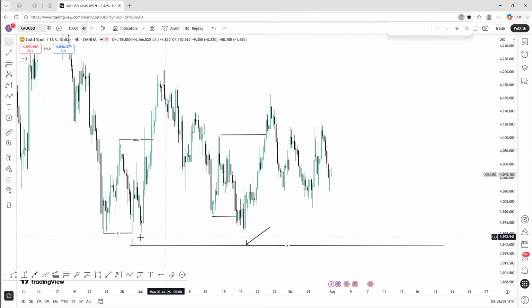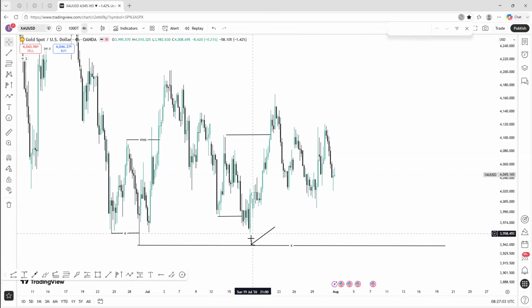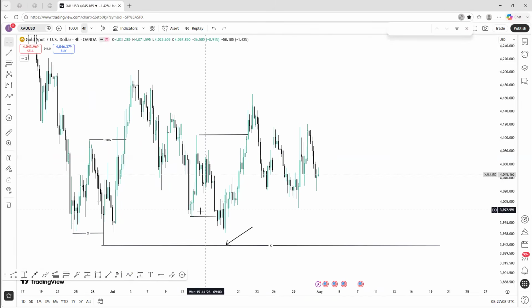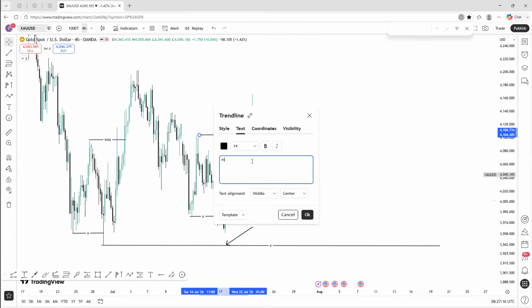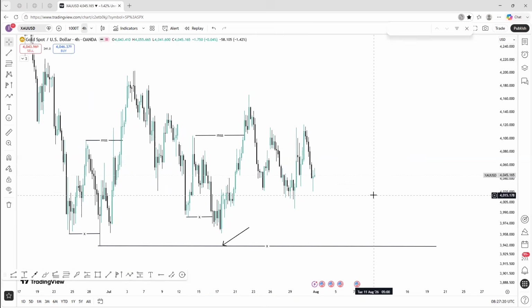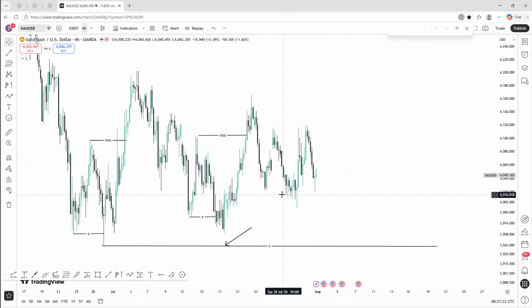So there is low probability price will drop again to take out that low. Again here you can see repeated behavior: price takes out that liquidity, and then again we have a structural market shift on the 4H time frame, so that is a pullback to discount level.